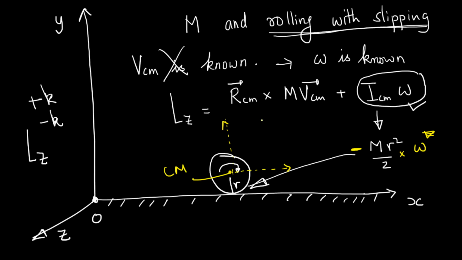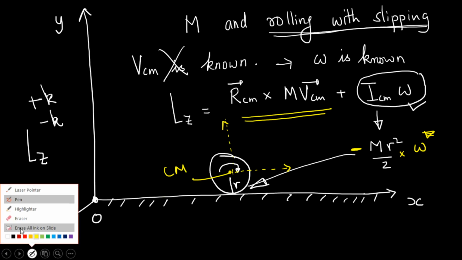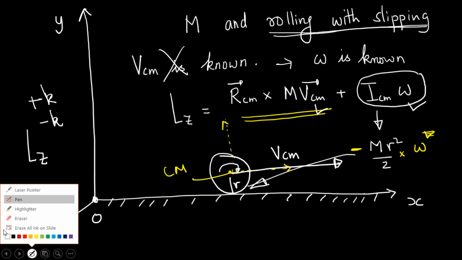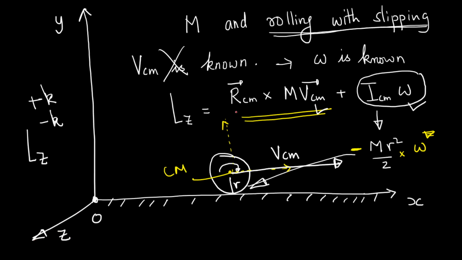Right, so now we'll worry about this term in a slow fashion. I'm going to draw it again on the next page, but just would like to tell you that what is obvious is that V center of mass is in this direction, whatever it is. And the other obvious thing is, what is the position vector RCM?